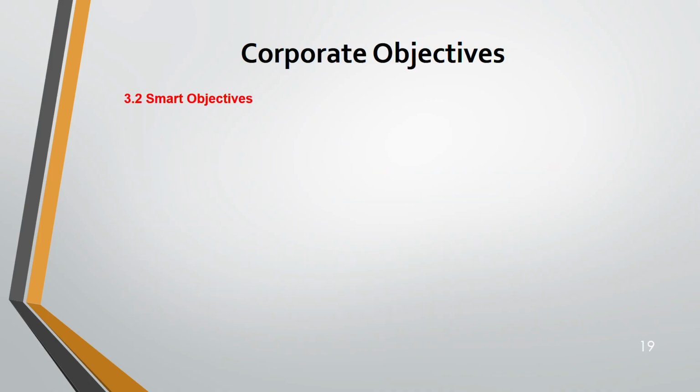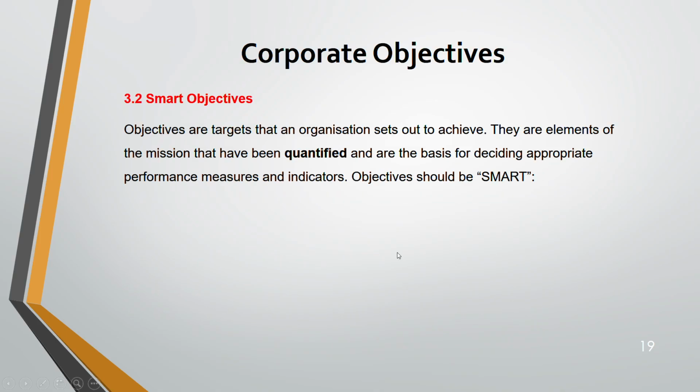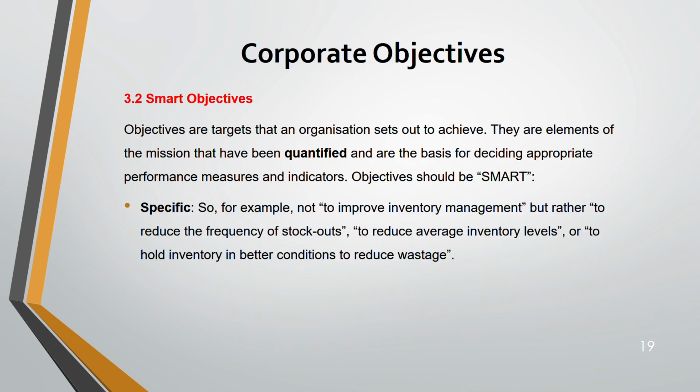Then objectives have to be SMART, otherwise they are not going to be useful for you. SMART stands for S, specific. If your objective is not specific, if it's general, you can't measure it either.